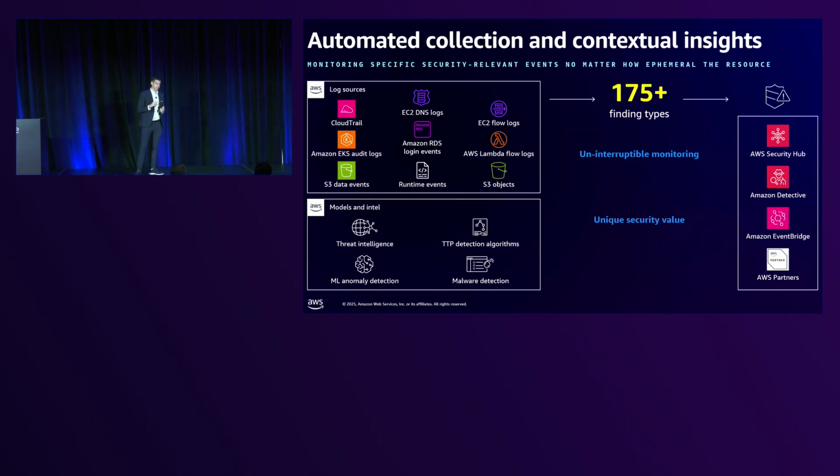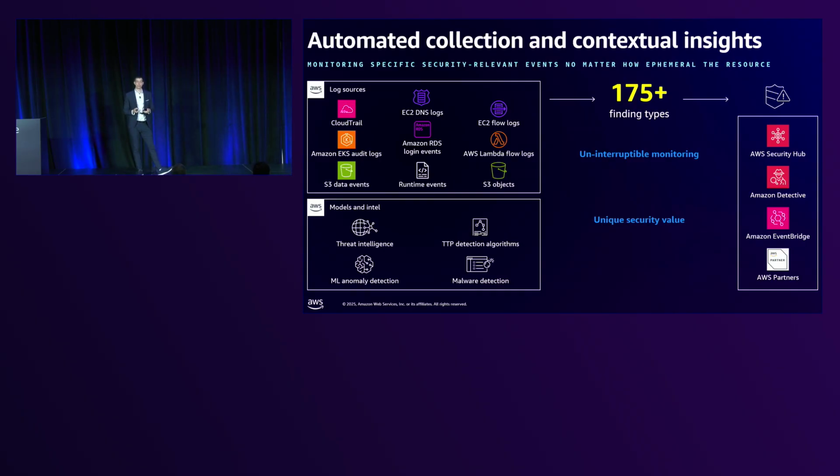And we use the combination of the threat intelligence I mentioned before, as well as algorithms we develop in-house, to detect suspicious and malicious activity. This algorithm produces over 175 types of findings, where each finding type corresponds to a specific threat. So for example, one finding type would be crypto mining activity or data exfiltration in S3.